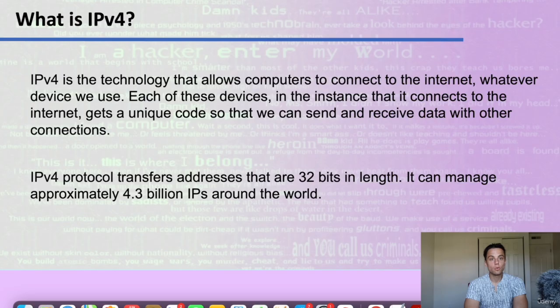The IPv4 protocol pretty much consists of 32 bits length, which means that we have access with IPv4 to over 4.3 billion IP addresses out there. And as we said, IPv4 is already at its maximum capacity, so all of these numbers have already been reached.